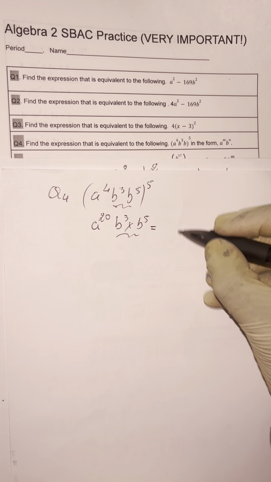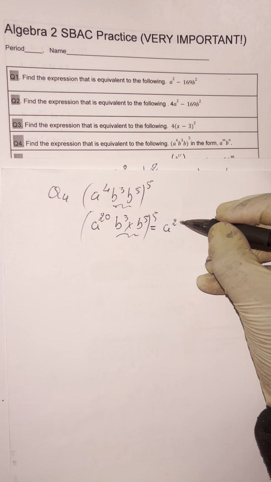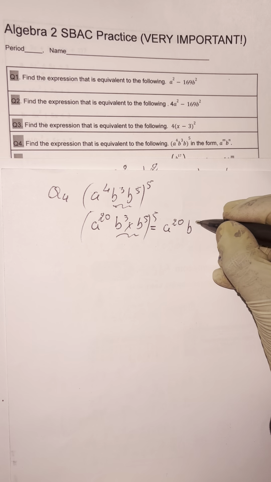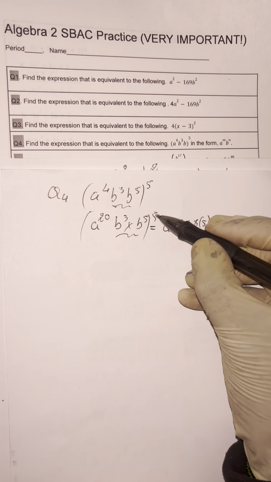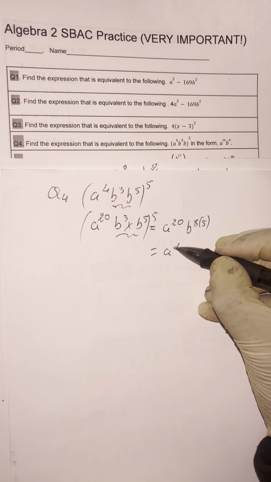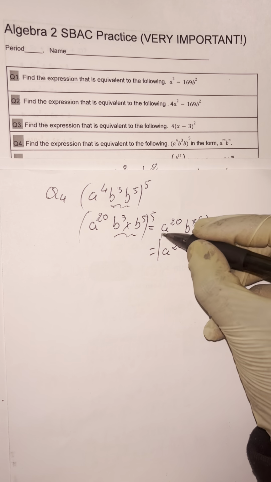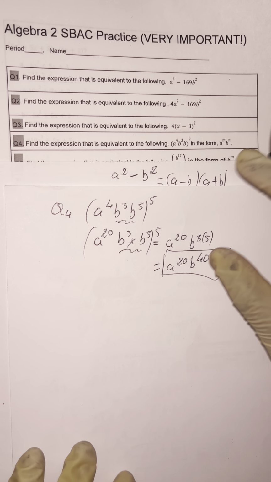So this thing is going to turn into a to the power 20 times b to the power 8, already to the power 5, because I'll multiply the 5 into the parentheses. So this is simply going to be a to the power 20 and then b to the power 40. That's it. All right, so let's move on to the next one.